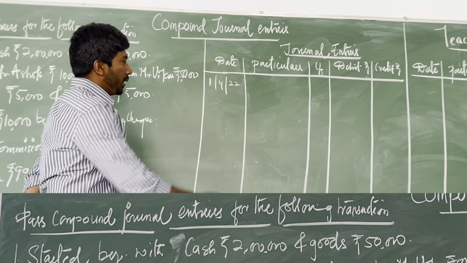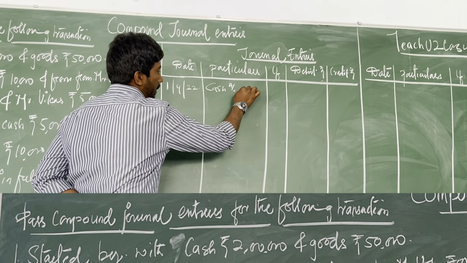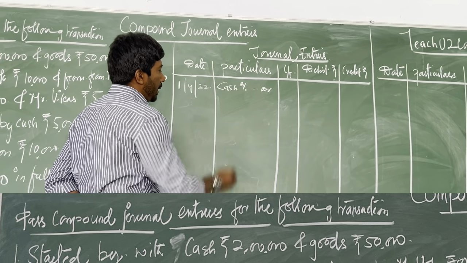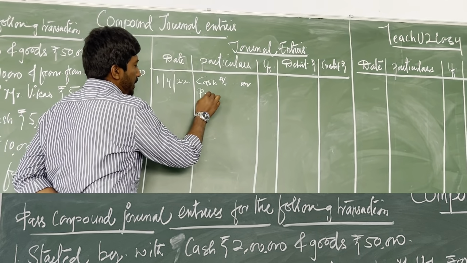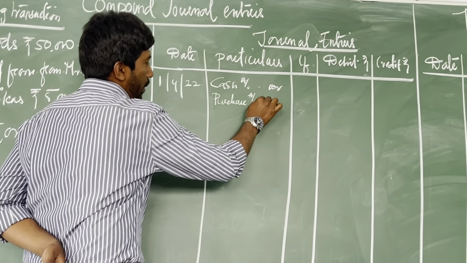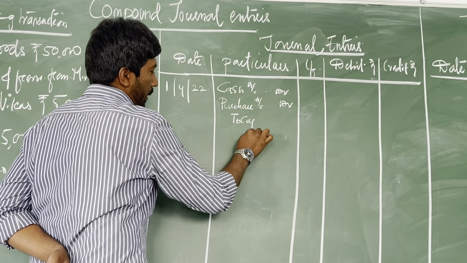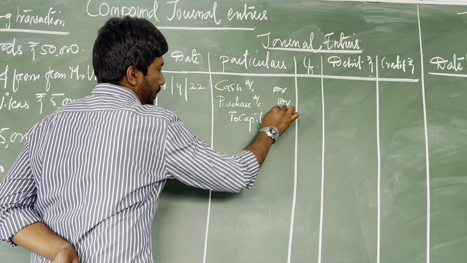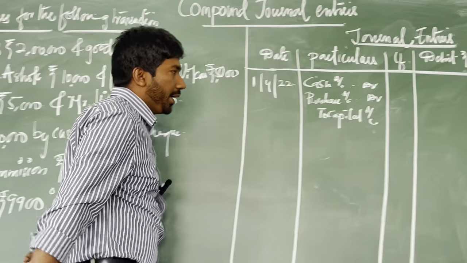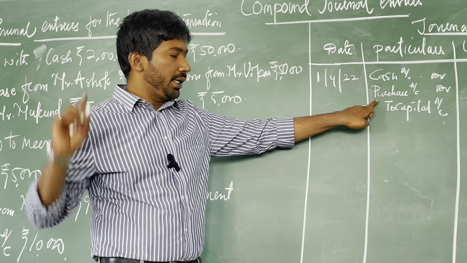So here, the first entry is cash account debit, then purchase account debit, that is the goods we brought in, to capital account.